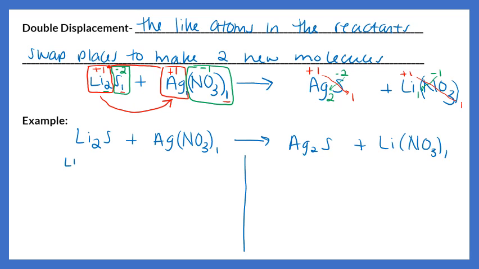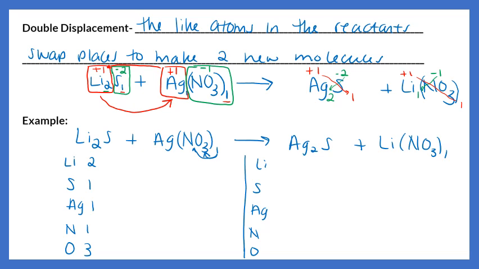We've got lithium, sulfur, silver, nitrogen, and oxygen. Lithium has 2, sulfur has 1, silver has 1, nitrogen has 1, oxygen has 3.